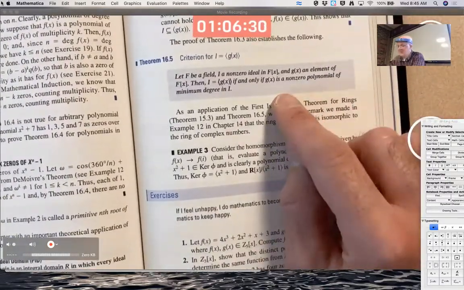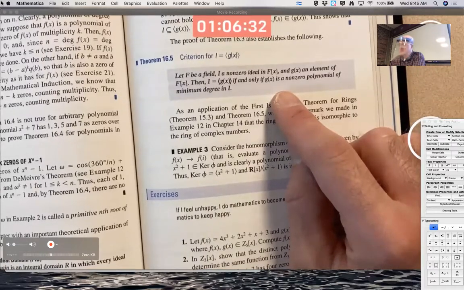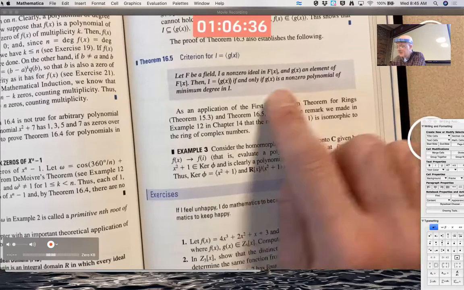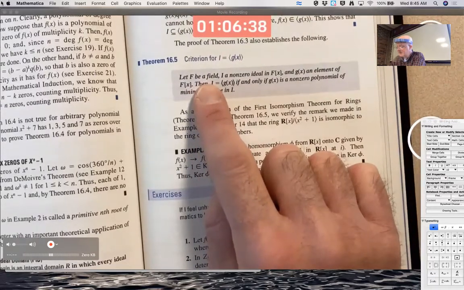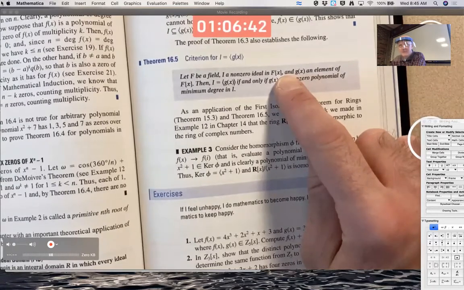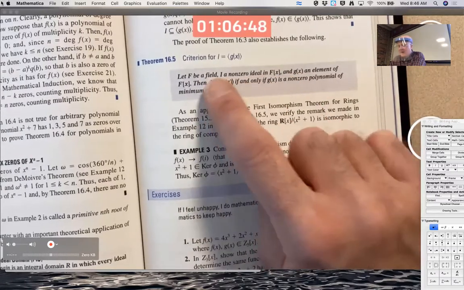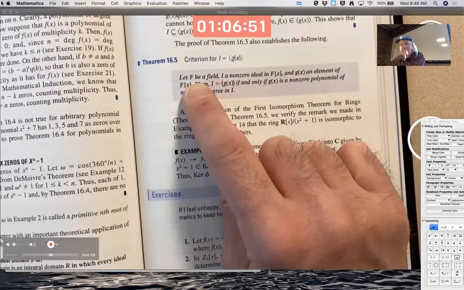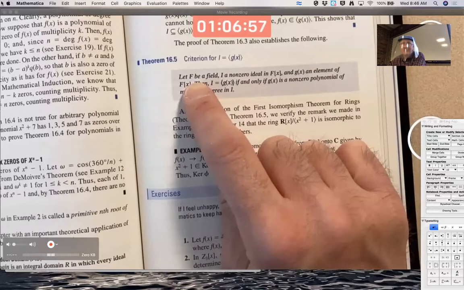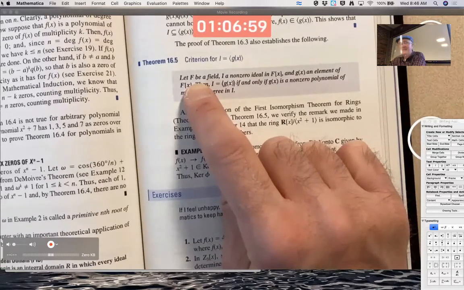This theorem is where a lot of this stuff comes together, though it may not be clear why. Suppose you're talking about a field and a non-zero ideal in this polynomial ring. I think maybe I mentioned once, fields only have trivial ideals, meaning just zero by itself or the entire field are the only two possible ideals of the field.